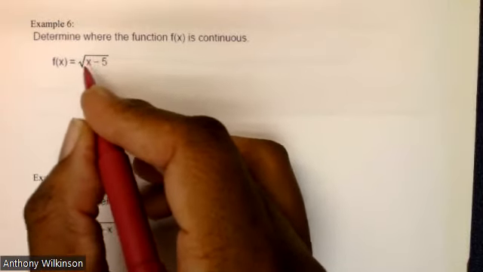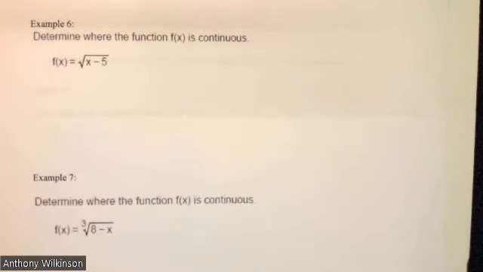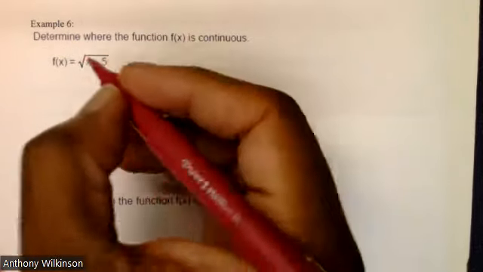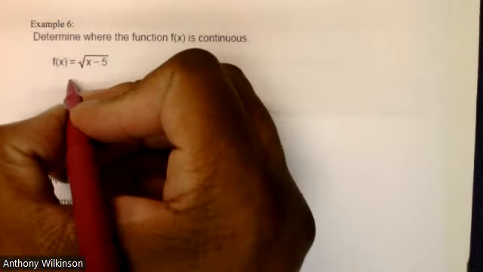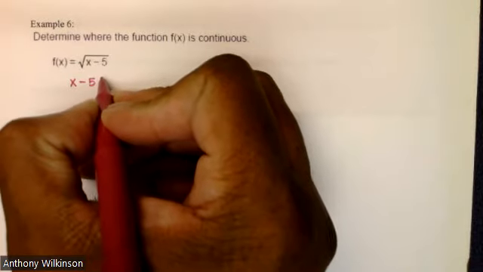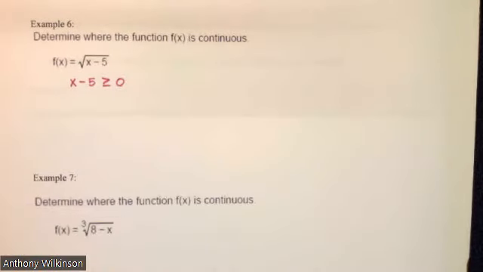That means we need to find out what values of x will satisfy that function when I set x minus 5 to be greater than or equal to 0. I can't take the square root of a negative number. So x minus 5 will be greater than or equal to 0.